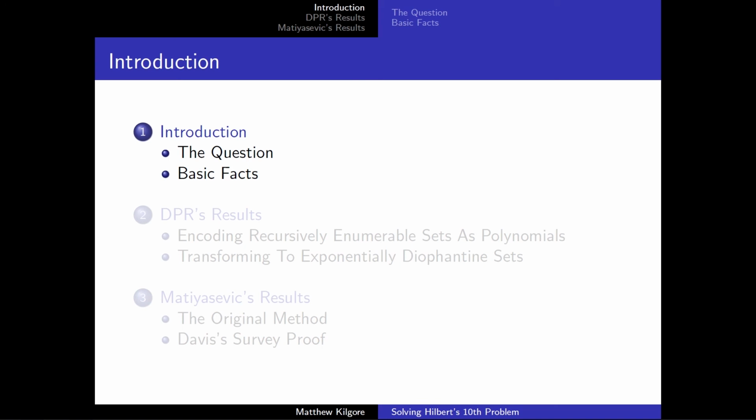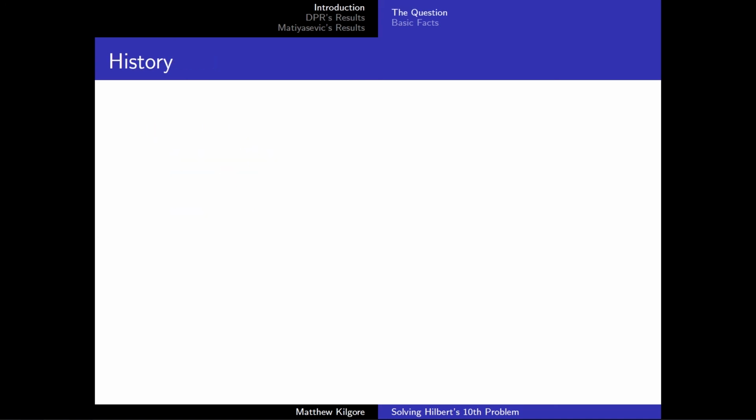Now, let's get those basics out of the way. I could begin with some history about Hilbert and the problem, but I'm not going to do that. I should spend 10 minutes talking about who Hilbert was, what he did, why we care about him, why we care about the 10th problem, and so on and so forth.